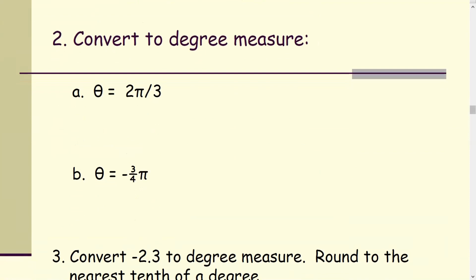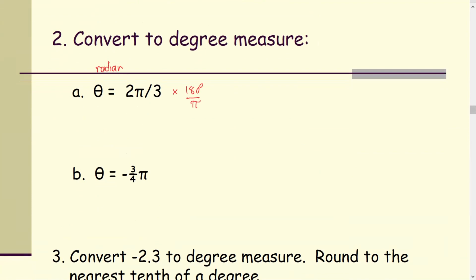Now we're going to convert from radians to degrees. As you notice, there's no empty circle on the upper right, so these given thetas are in radians. To convert to degree measure, multiply this angle by 180 degrees divided by pi.